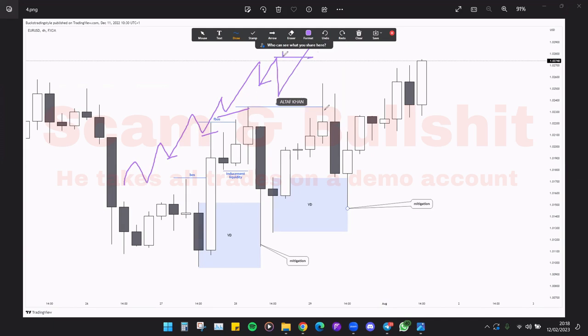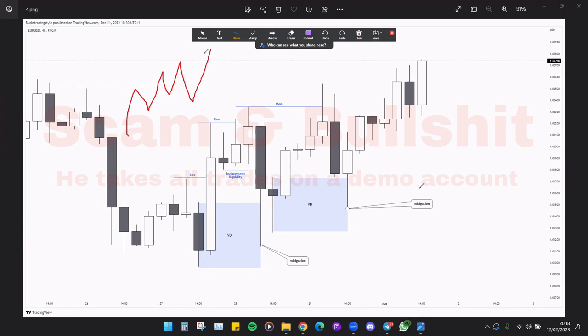Yes, correct. Then after we've gotten the true break of structure, let's say we have this right here. After we've gotten the true break of structure at this high, this is our inducement liquidity, ILQ, right here.